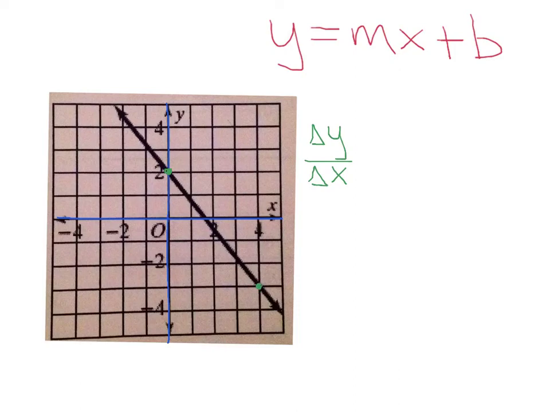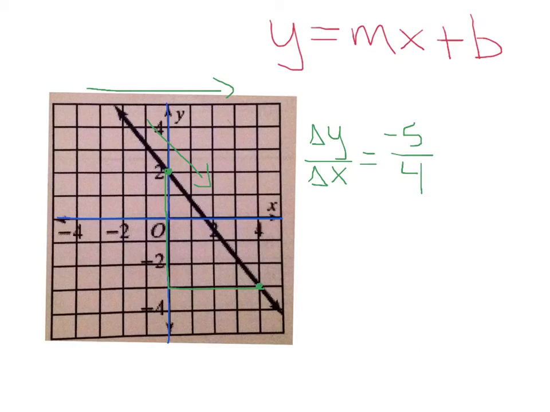So rise over run, if you notice from left to right, this is going downhill, so it's going to be negative. I'm going down 1, 2, 3, 4, 5. So that's negative 5 over 1, 2, 3, 4. So negative 5/4.